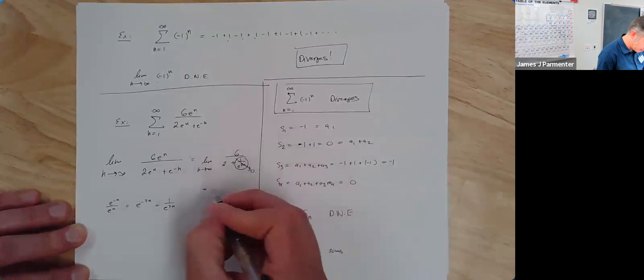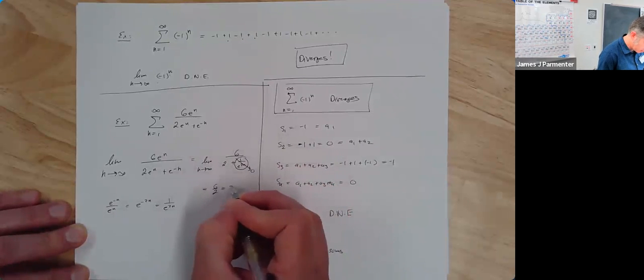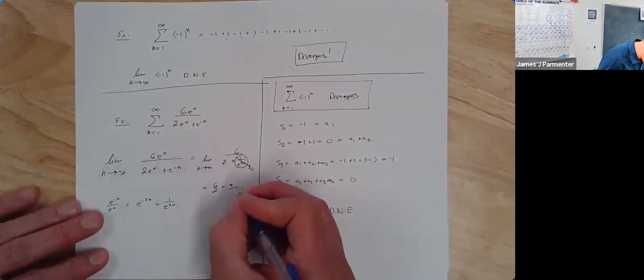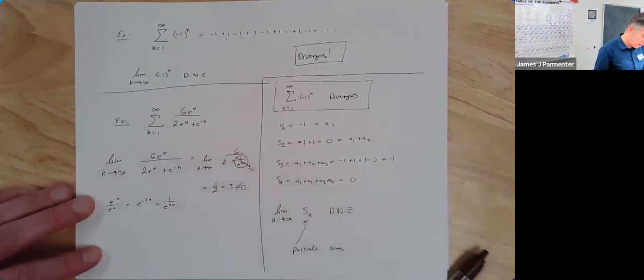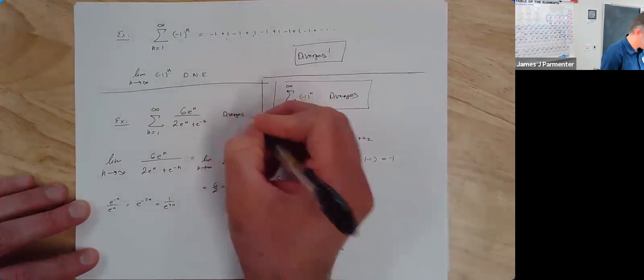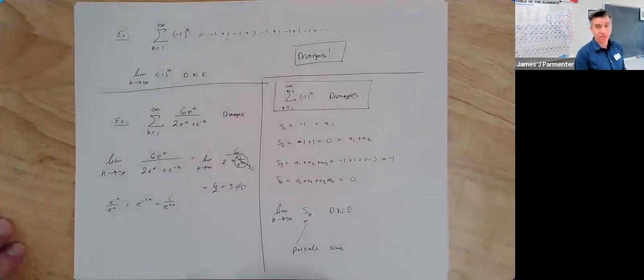So the limit of this is 6 divided by 2, which is 3. You know what 3 isn't? It's not 0. If it's not 0, that means this series diverges. Because what you're doing here is adding up 3 an infinite number of times, and that gets you infinity. Okay.